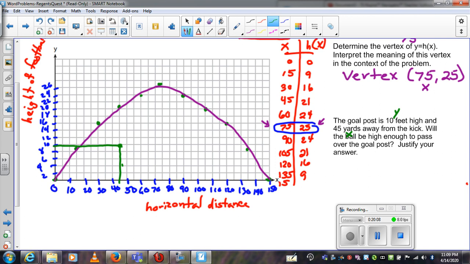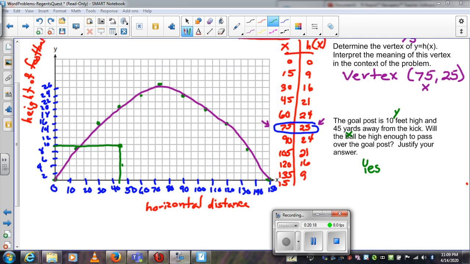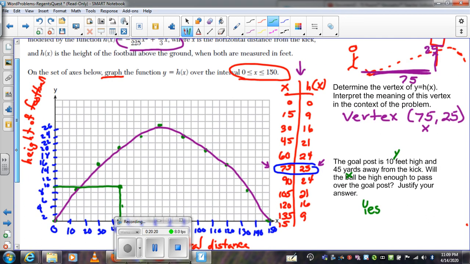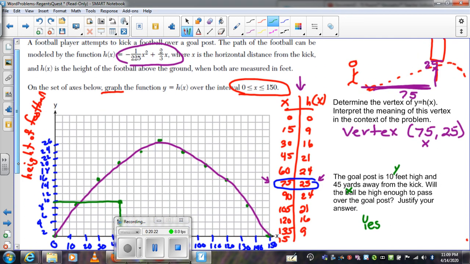Will the ball be high enough to pass over the goalpost? And the answer to that is yes. The other thing that you could do, it does say justify your answer. So one of the things that we could do if we wanted to is we could take the equation.